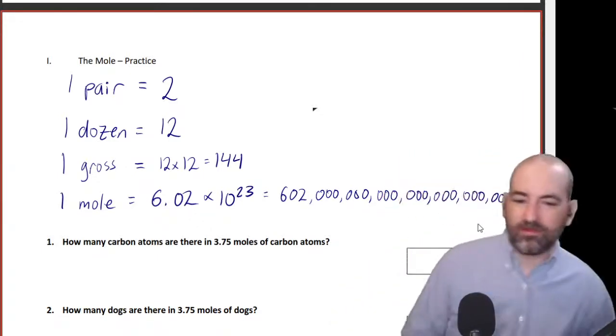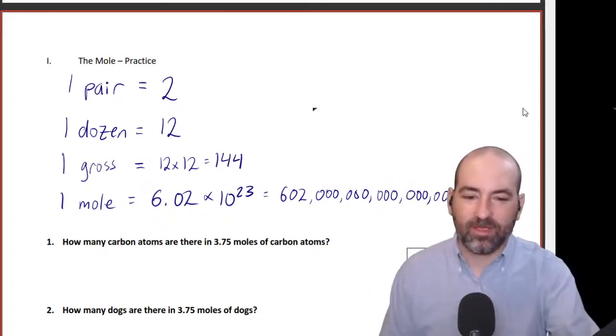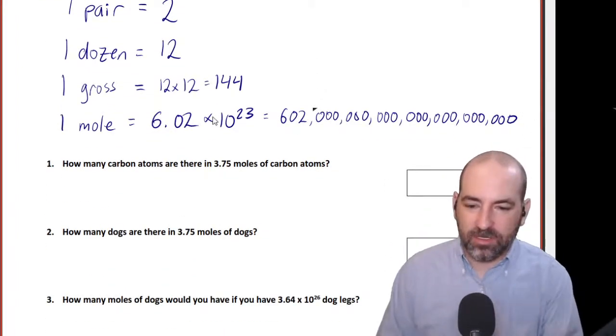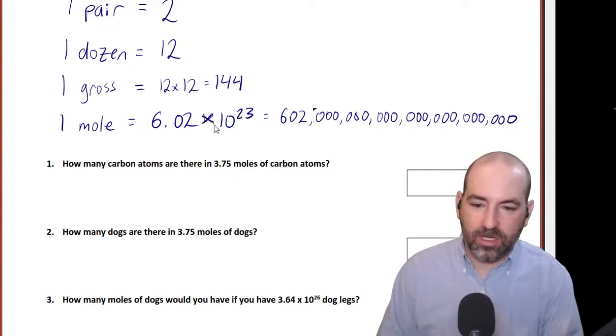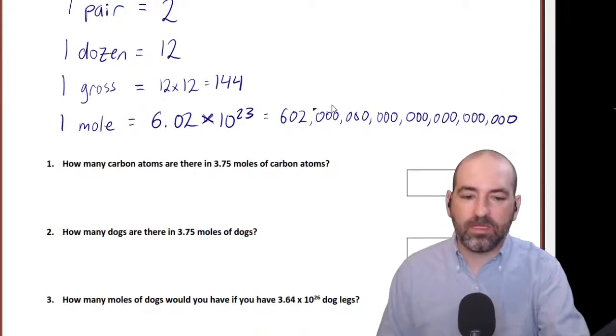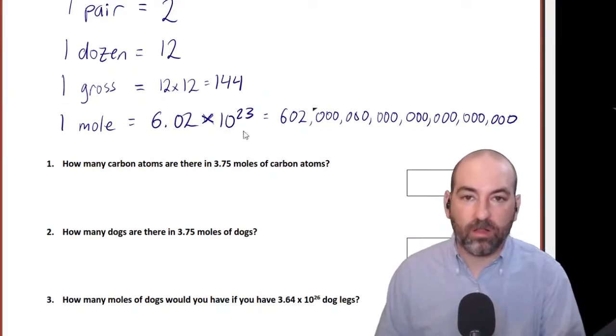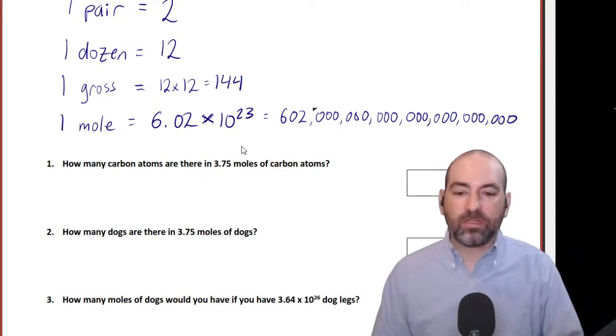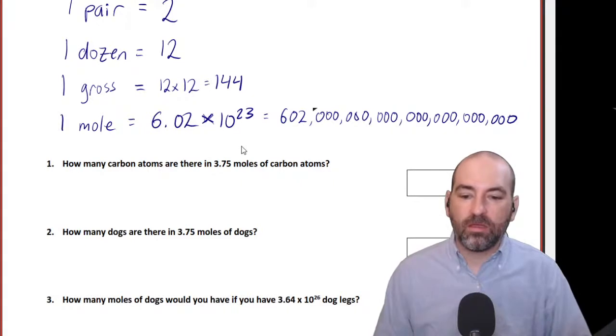Can't even fit it all without getting my head in the way. Move it up a little bit. So that's what that number means in scientific notation. It's an extremely large number, but conceptually it means the same thing as these other smaller numbers. It's a way of counting things in batches. And why would we ever need to count something in giant batches like this?